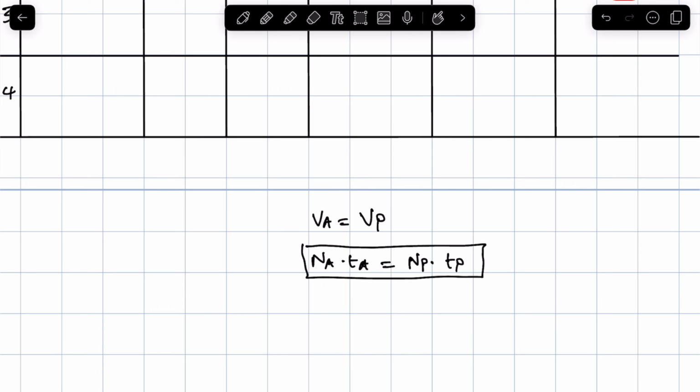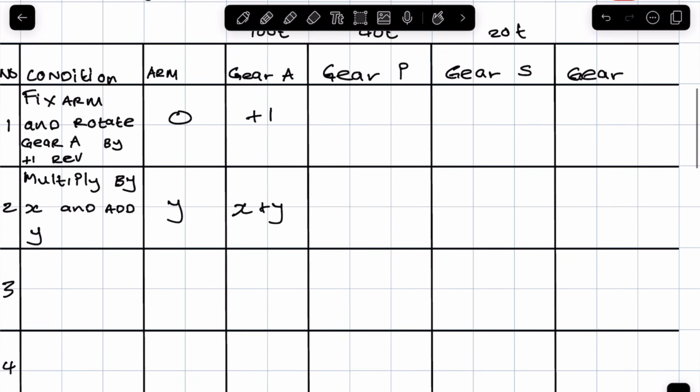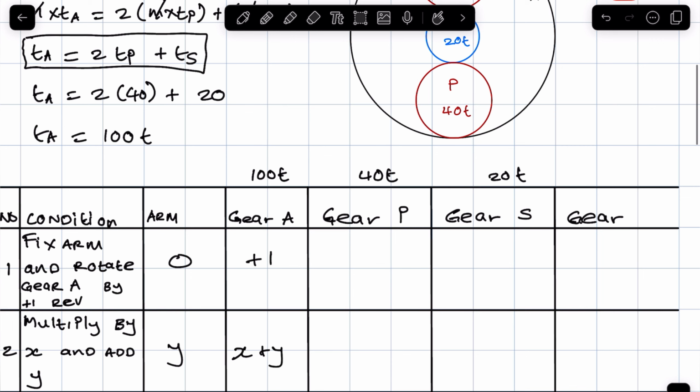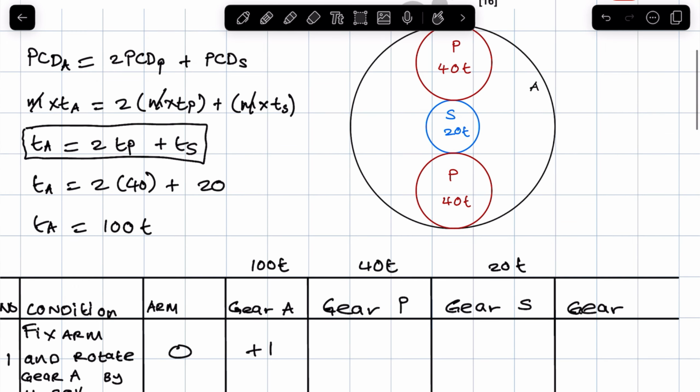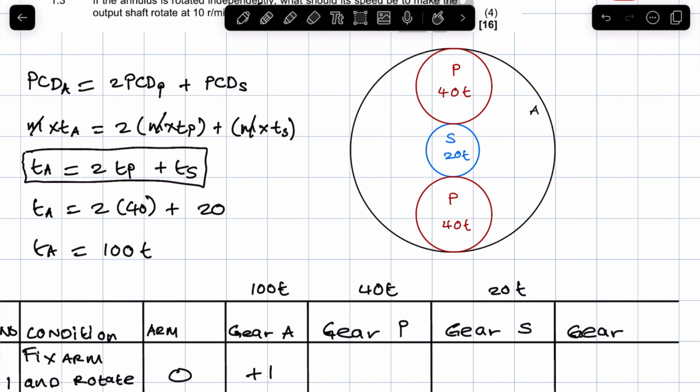Then what you do next is establish the direction of both gears. Now, from the first condition, we've already established that gear A is rotating clockwise. Now gear P is meshing with the annulus or ring gear.